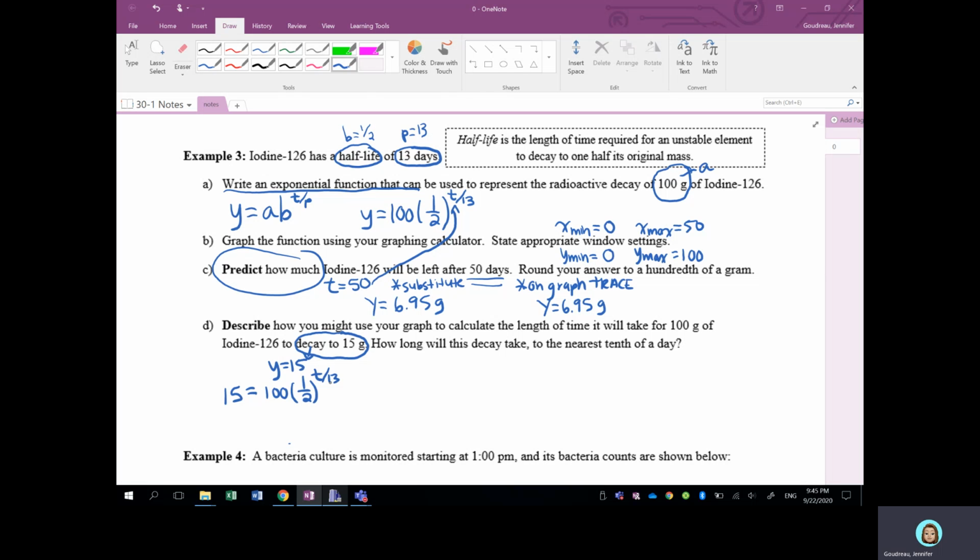So to describe how we want to do this on our calculator, we have to show our steps. So first of all, we would graph the exponential function into y1, which we've already done.